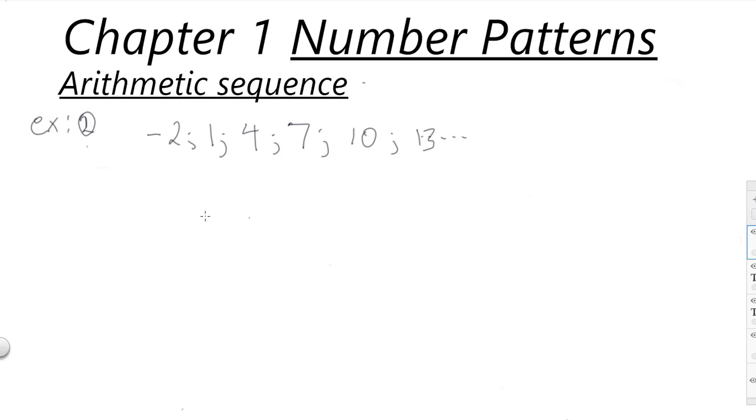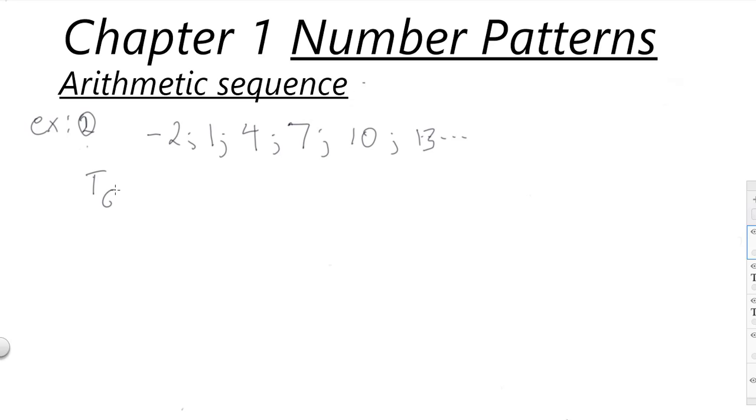Okay. So for example, I will remove this question. They can ask you a question like, they say to you this: T1, 2, 3, 4, 5, 6.